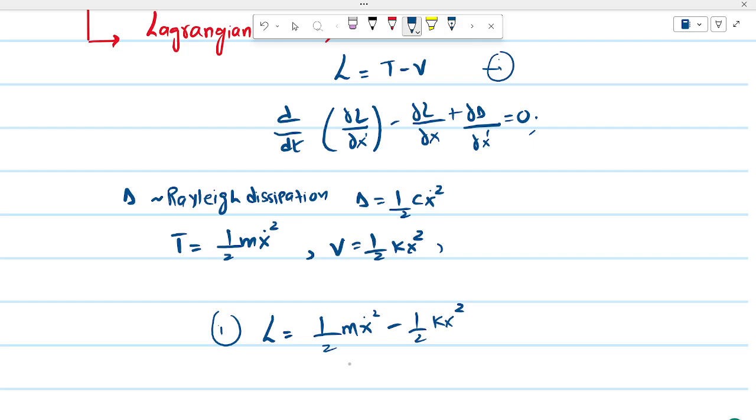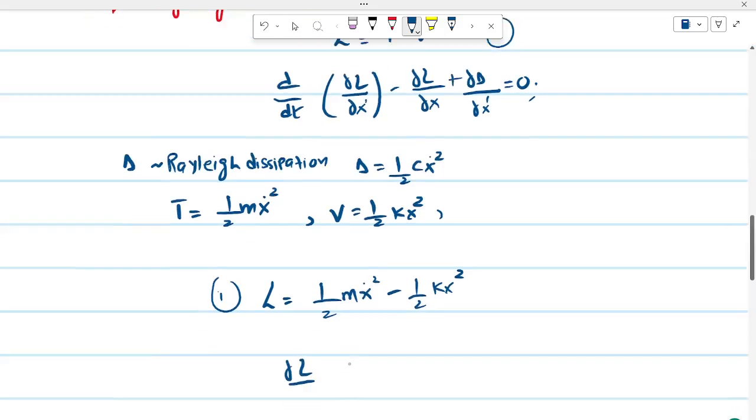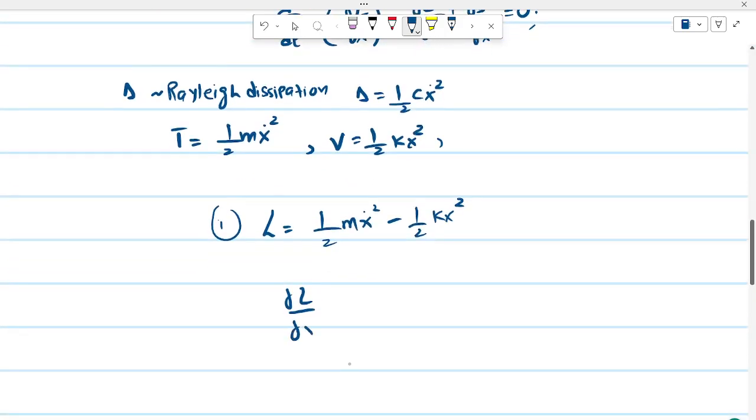Now if you find the partial derivative with respect to x, it reduces to minus k x, because the x dot term is velocity, not position, so it acts like a constant and becomes 0.